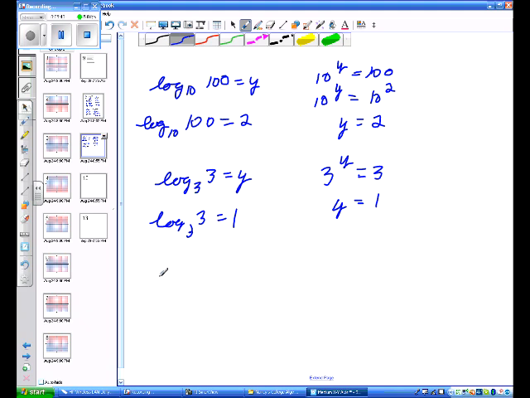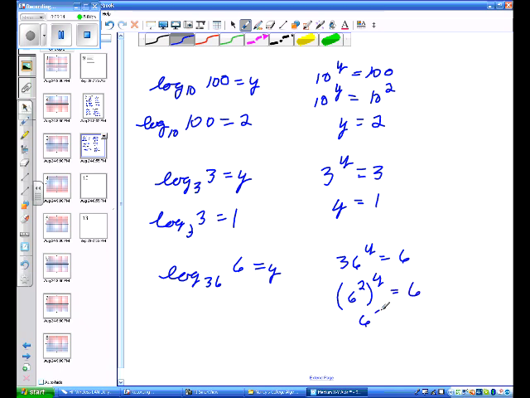If we had log base 36 of 6, and we wanted to know, well, what does that equal? So 36 raised to the y equals 6. And again, we could write 36 as 6 squared, raised to the y, equals 6.